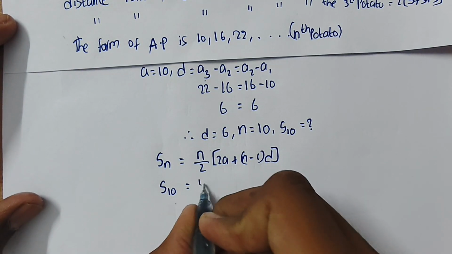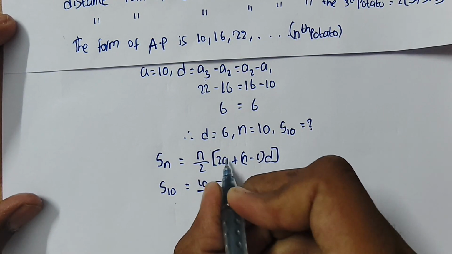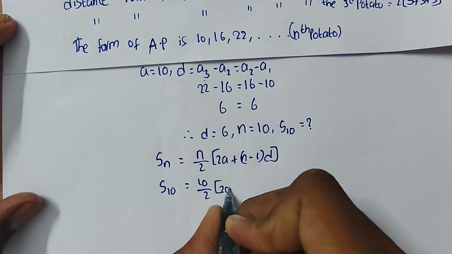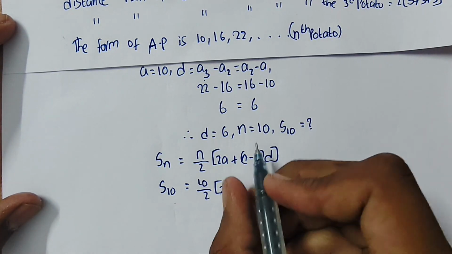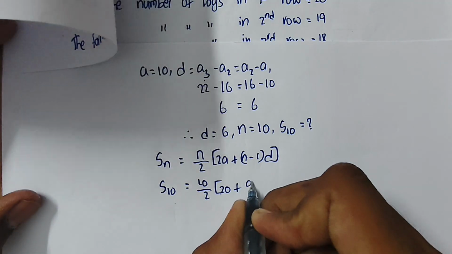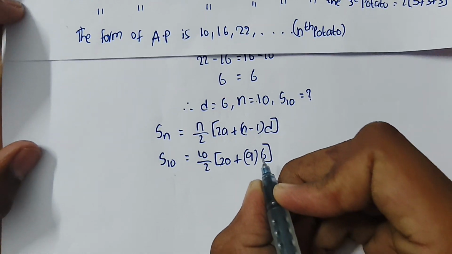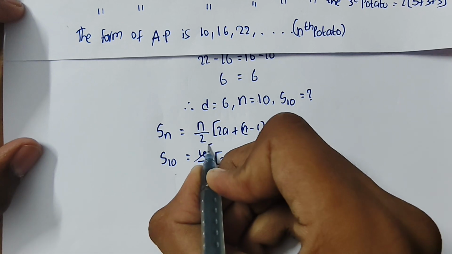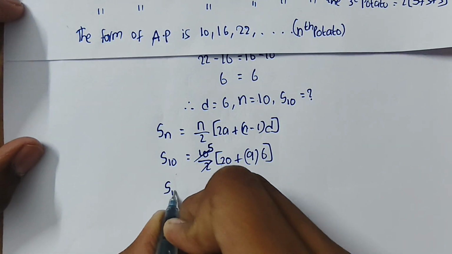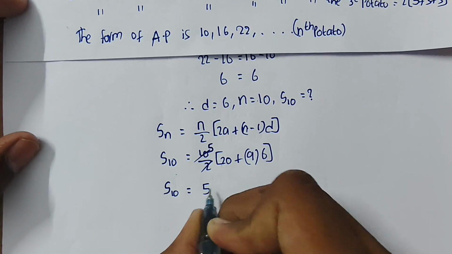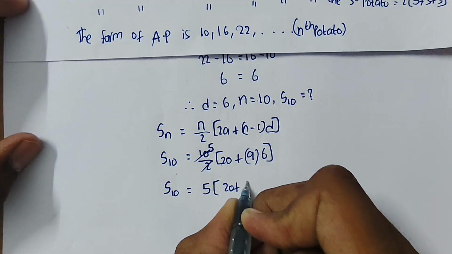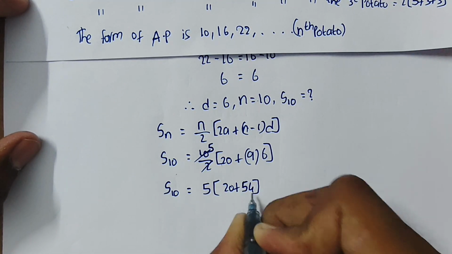The value of n is 10, by 2, into the value of a is 10. So 2 into 10, 20, plus n is 10, 10 minus 1 means 9, into the value of d is 6. Here 2 ones are 2, 2 5s are 10. Sum of 10 potatoes distance equals 5 into 20 plus 9 6s are 54.